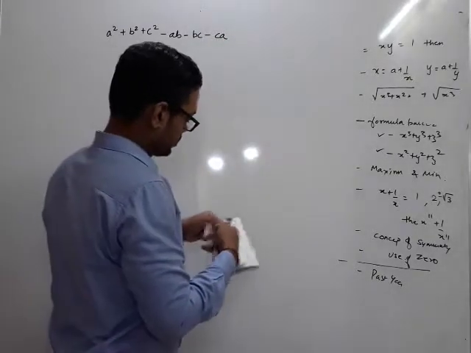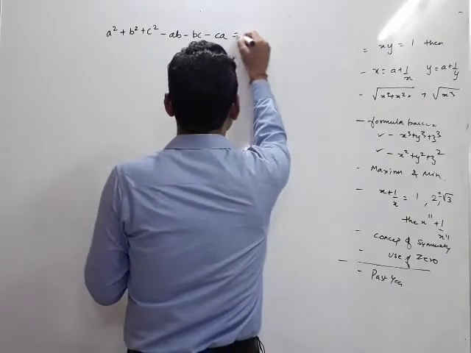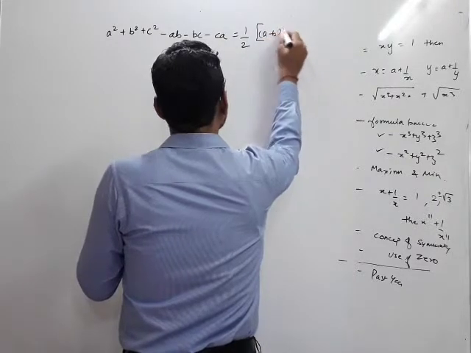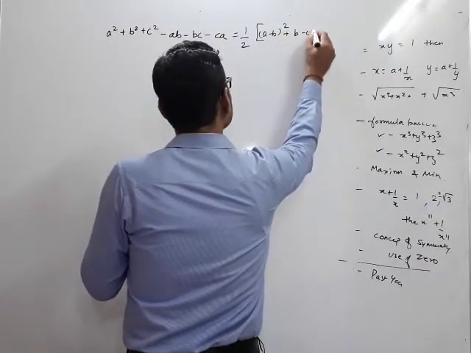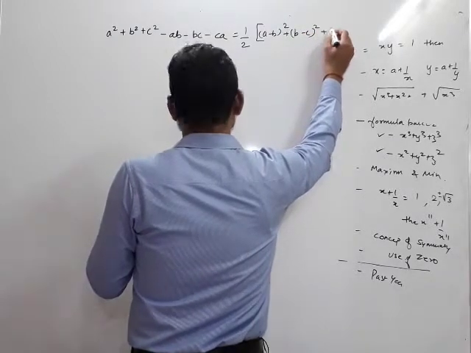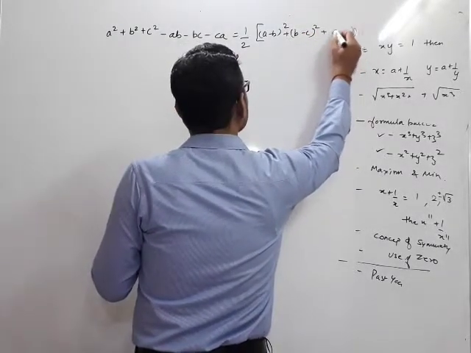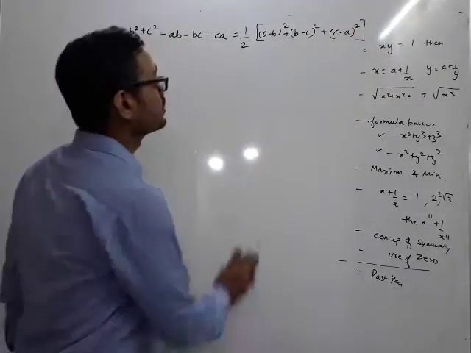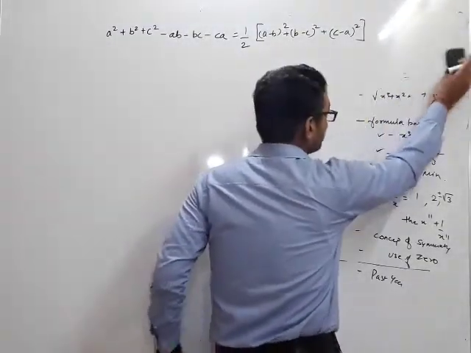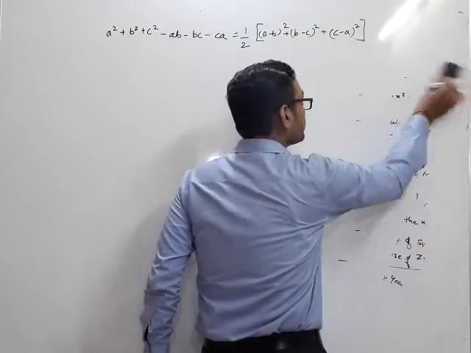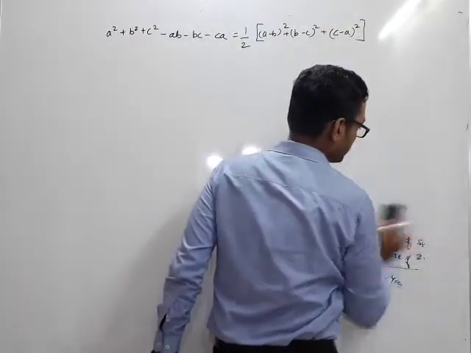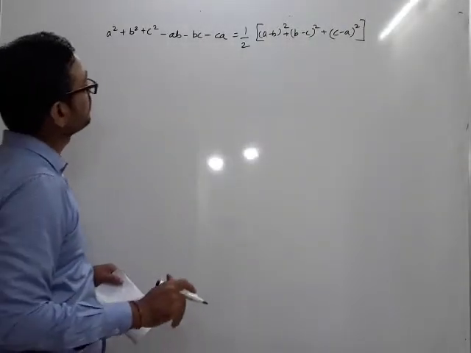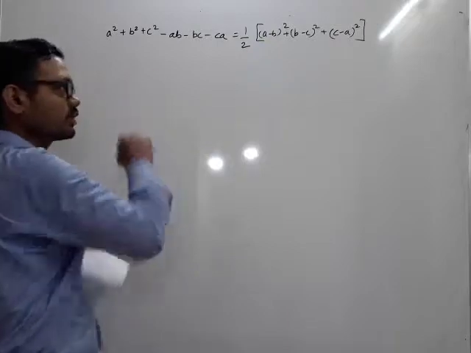This actually boils down to 1 by 2 times a minus b the whole square plus b minus c the whole square plus c minus a the whole square. This is the formula that we will be using, and based on this, some questions.